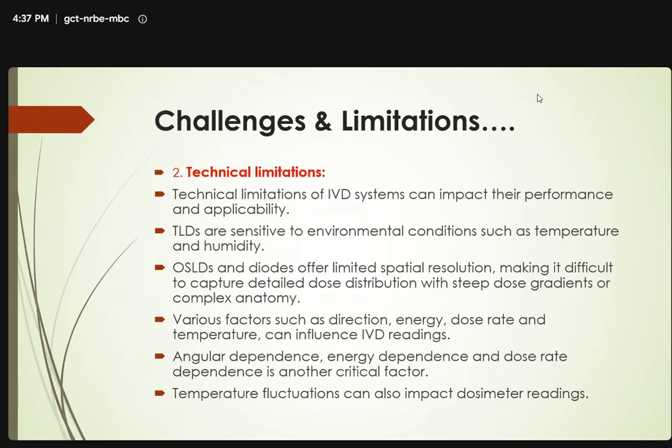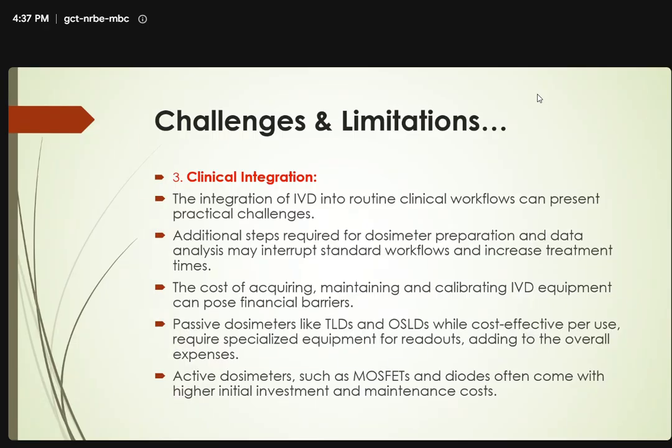Various factors such as direction, energy, dose rate, and temperature can influence in vivo dosimetry readings. Angular dependence, energy dependence, and dose rate dependence are very critical factors. Temperature fluctuation can also impact the dosimeter reading. So these are the technical limitations.